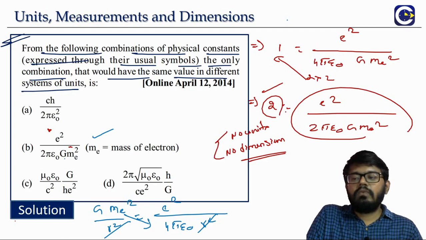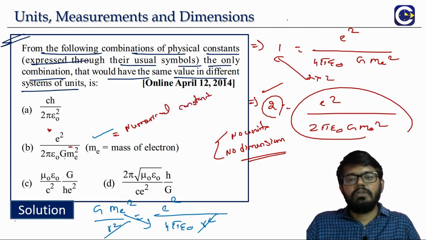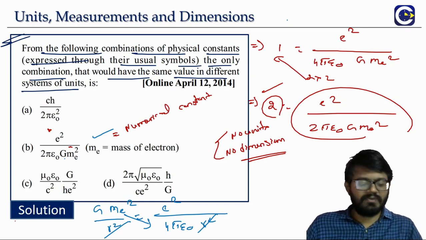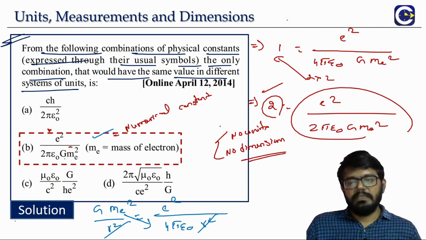But what is this? This is just a numerical constant, the value of e square by 2 pi epsilon naught G into me square. It does not have any unit, so the value will remain the same across all the systems. So what is the answer for this? It is option B.